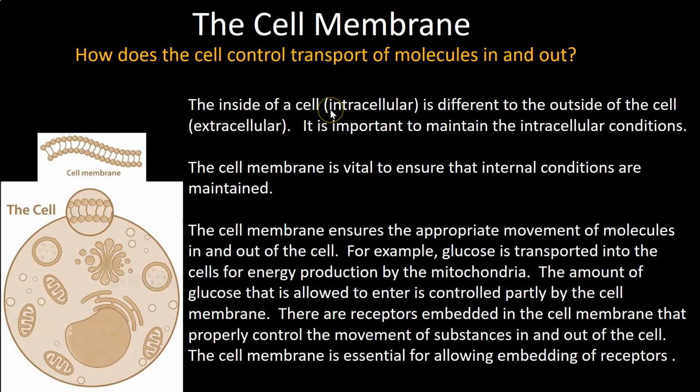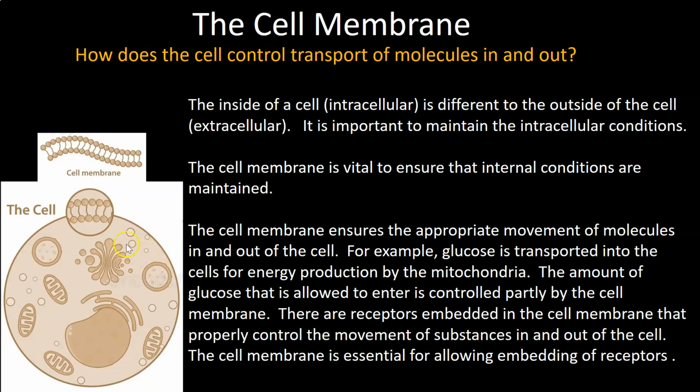One of the other main functions of the cell membrane is that it helps to control transport of molecules in and out. The outside of a cell is quite different to the inside of a cell. The outside of a cell can actually be quite dangerous to the inside of a cell, so it has to be protected, and the cell protects itself from the outside through the cell membrane.